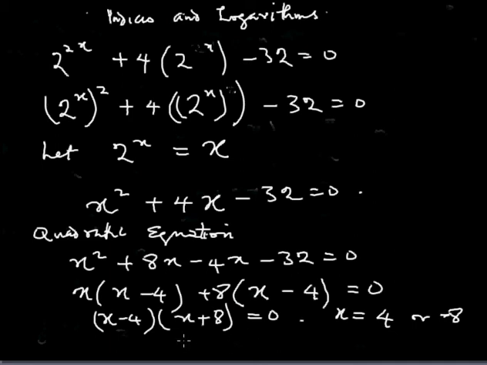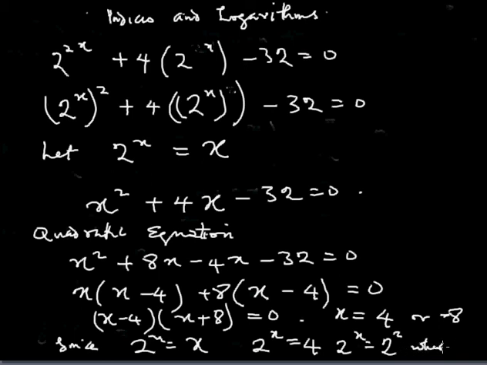Now since 2 raised to the power x is equal to x, that means 2 raised to the power x is equal to 4 for the first one. Then 2 raised to the power x is equal to 2 raised to the power 2, where x is equal to 2.